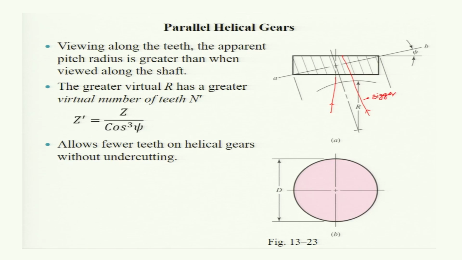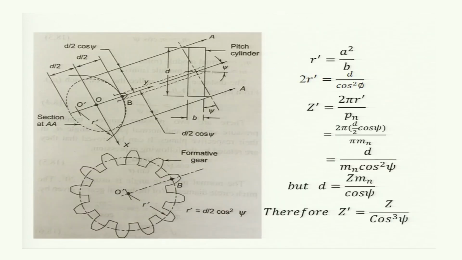The greater virtual radius R has a greater virtual number of teeth, and that is given by Z dash is equal to Z divided by cos cube psi, which allows fewer teeth on helical gears without undercutting, and that is shown here in this figure, where a section along the normal is taken and the major axis and minor axis, you see this one, this is the ellipse.